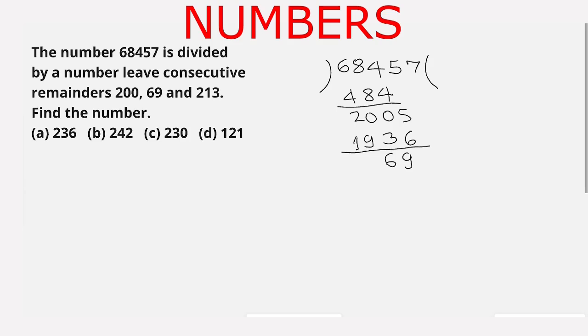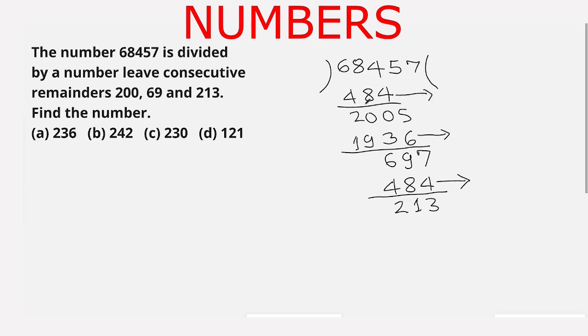Now we carry 7, and our last consecutive remainder is 213. On subtracting 213 from 697, we get 484. Or when 484 is subtracted from 697, the remainder is 213.